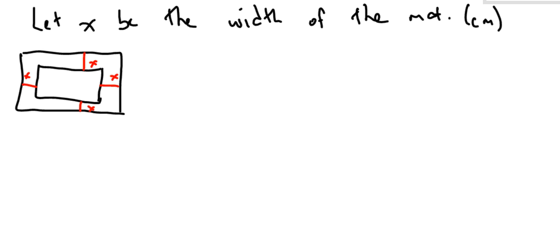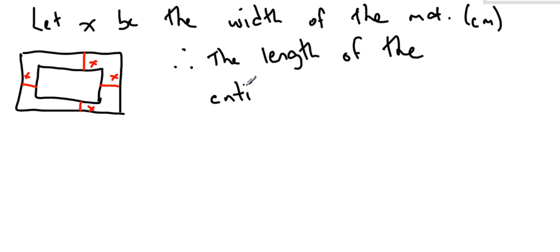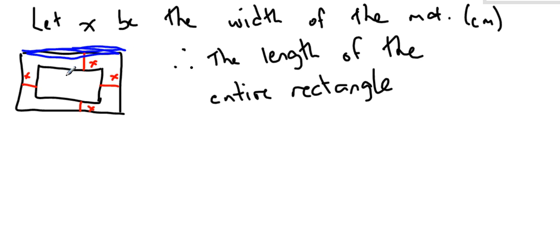So what do we know? Well, we know that therefore the length of the entire rectangle, meaning mat plus picture, so this distance here, do you know what that is? So remember, we originally had a picture that was 10 by 5. So this little distance here is 10, and the mat adds x plus x. So this length must be 10 plus 2x.